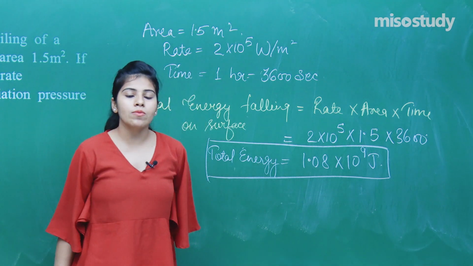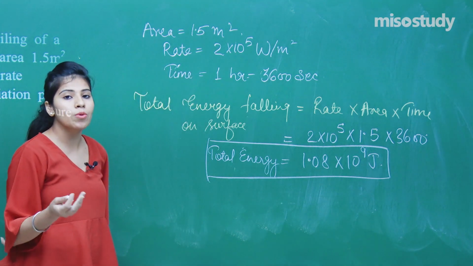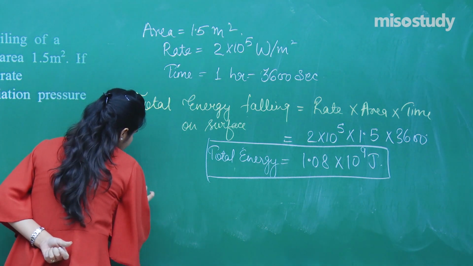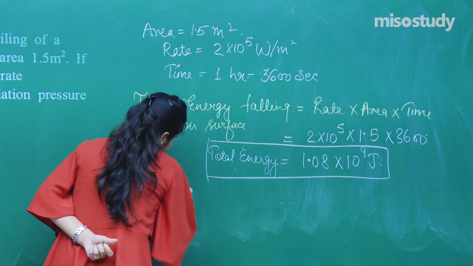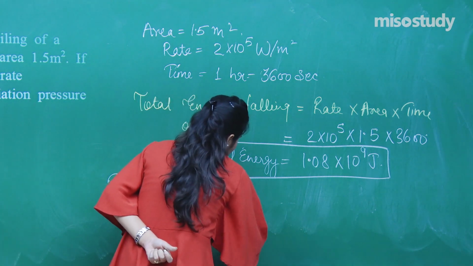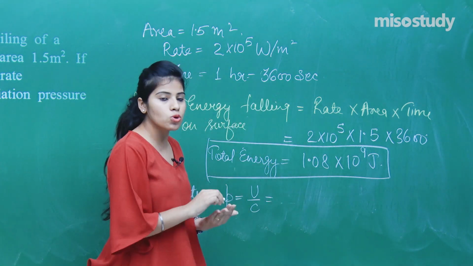Now you can find out the momentum related to this energy. When you have energy, you will have the momentum, and you can find out the total momentum as P equals U upon C. U is nothing but the total energy.